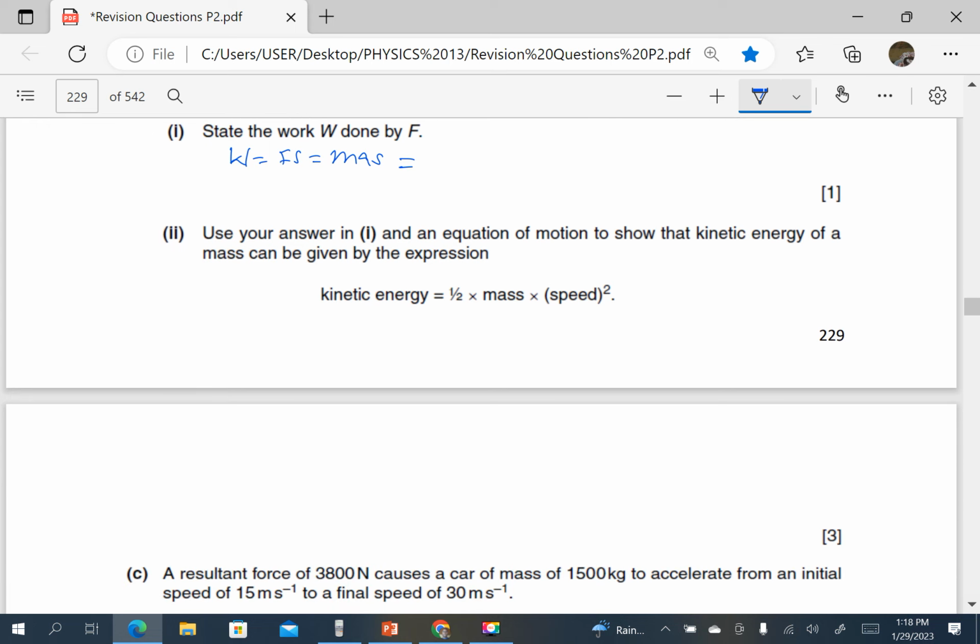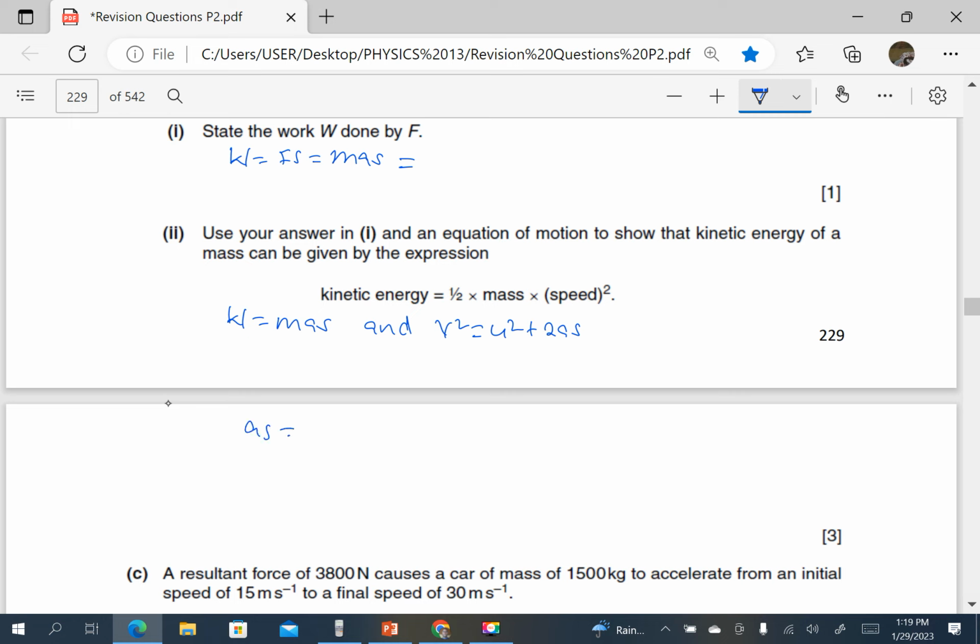Use your answer in part one and an equation of motion to show that kinetic energy is equal to a half mv squared. So in part one, I have that work done is equal to ma times s. And I will use the equation v squared equals u squared plus 2as. From this equation, I make as the subject.